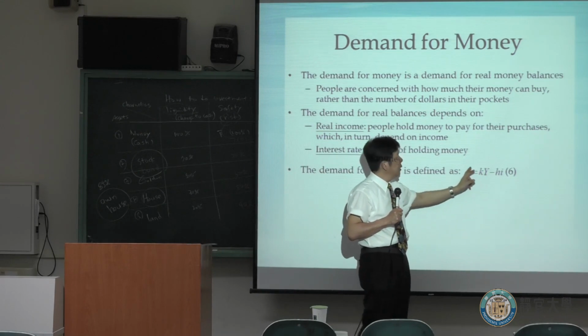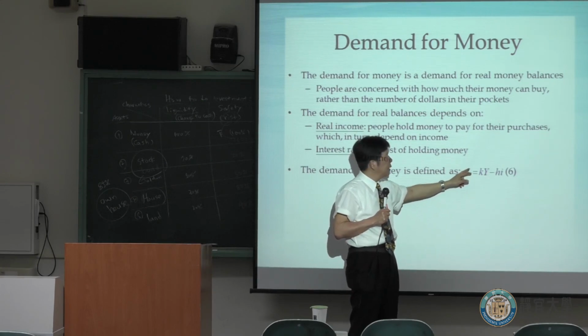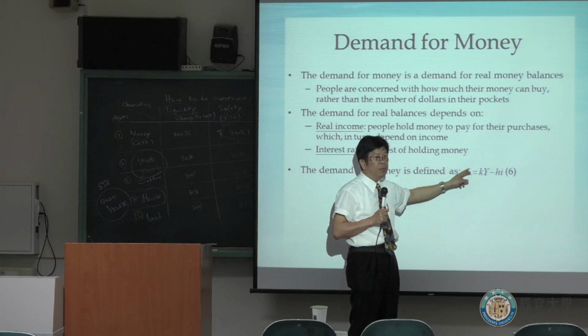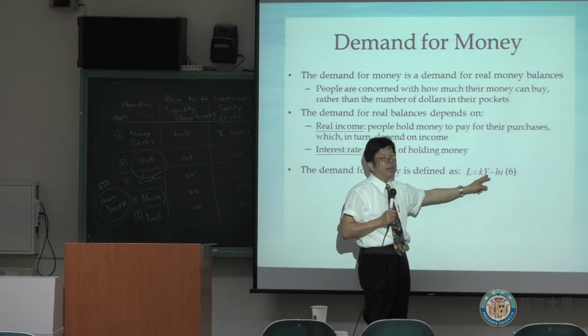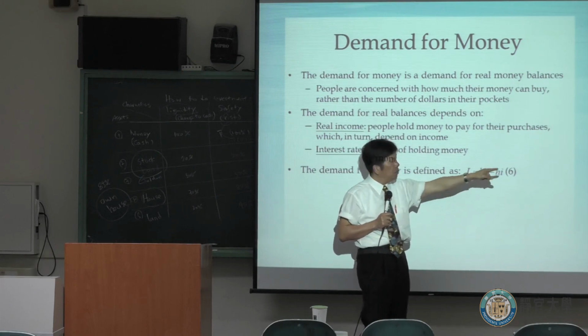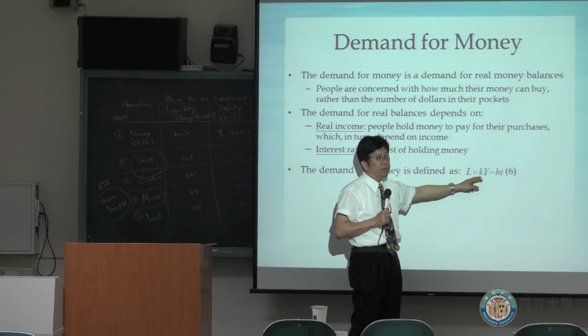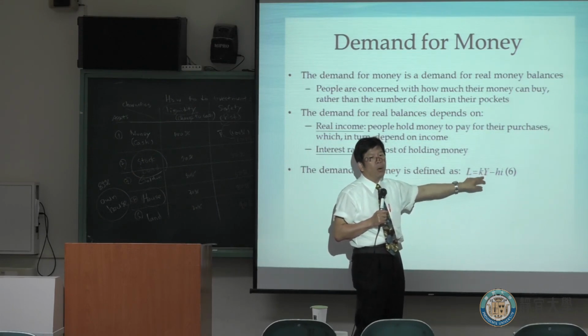L is liquidity, which represents the money demand. And kY, as we mentioned before, we call the activity of money. It depends on your income.